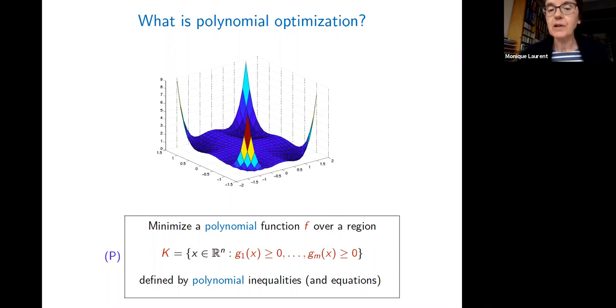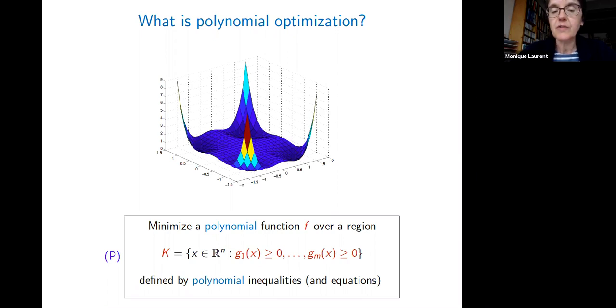So what is polynomial optimization? Well, it is a class of optimization problems. In this talk, we are going to minimize a polynomial function over a region K, which is defined by polynomial inequalities or equations. What is specific in this problem is that all objects, the objective and the constraints, are polynomial functions.